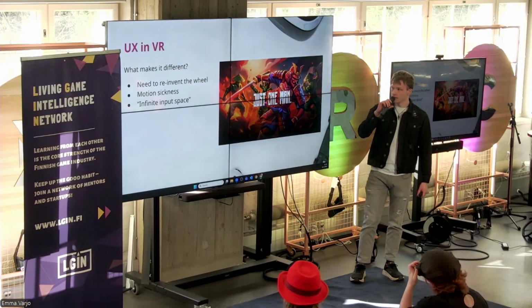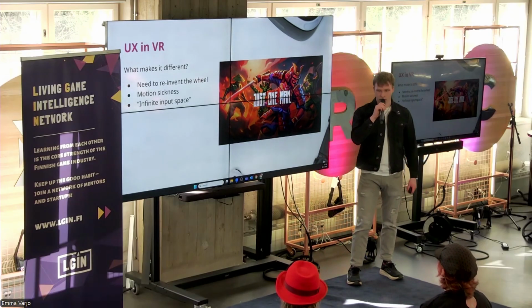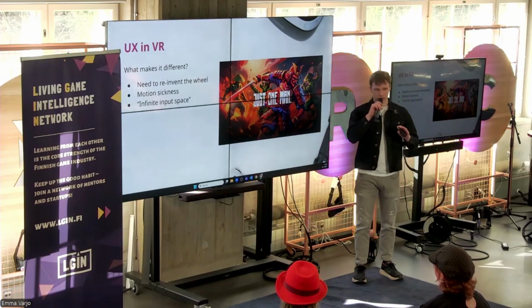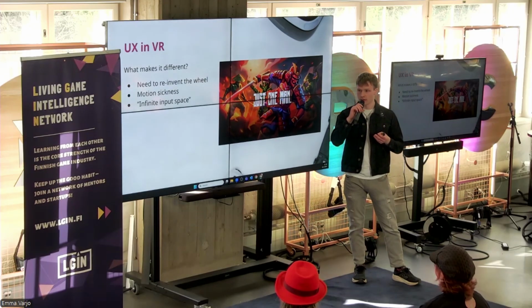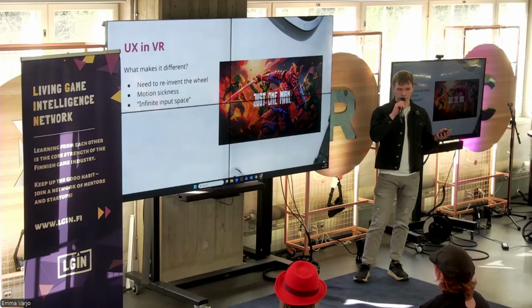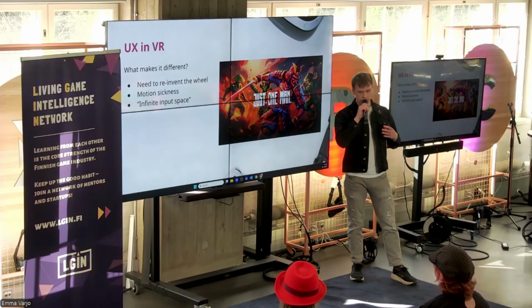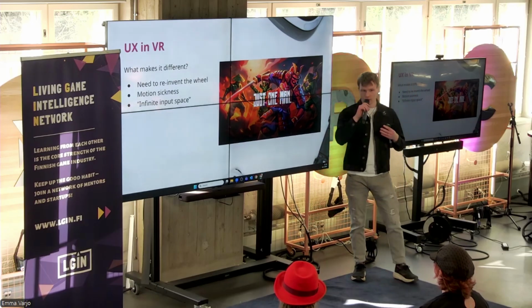First of all, you need to reinvent the wheel many times, because on mobile, PC and consoles, there are already ready-made solutions for ordinary problems. In VR, most of them do not work or they work badly. So you need to do your own research, and try to figure out new ways to communicate UI and interactions to the players.